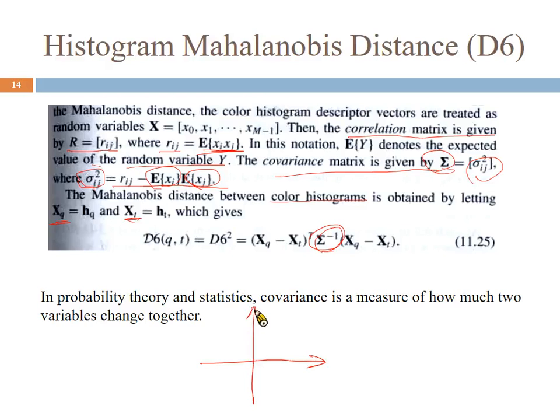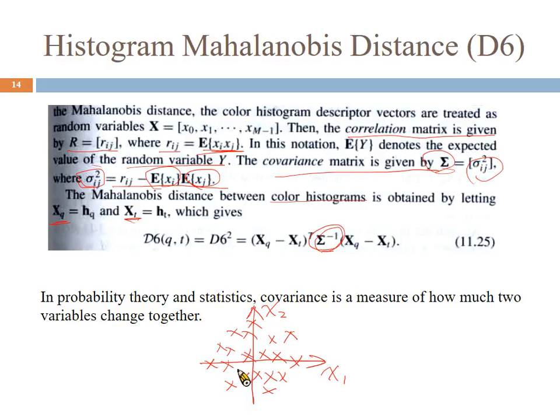So assume that the distribution of x1 and x2 is like this. If s1 here, s2 here, and if the s1 and s2 distribution is something like this, we can see that the distribution between s1 and s2 is rather random.